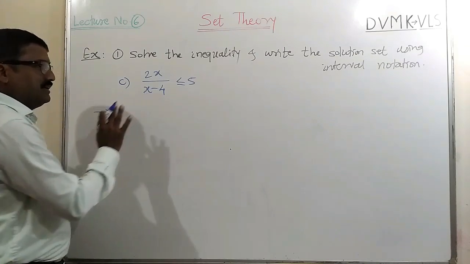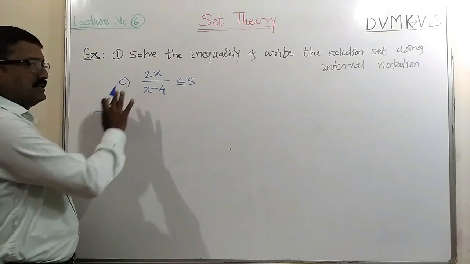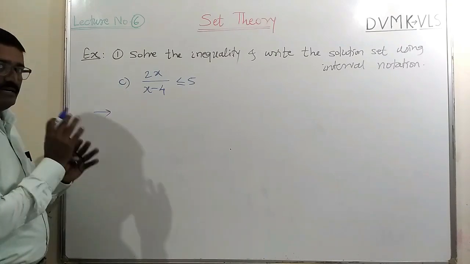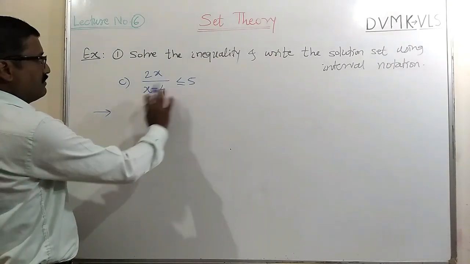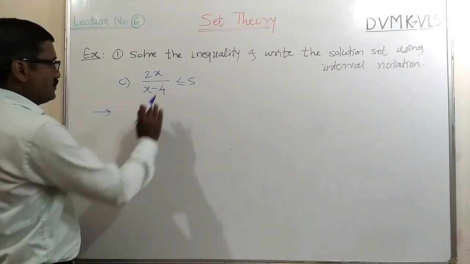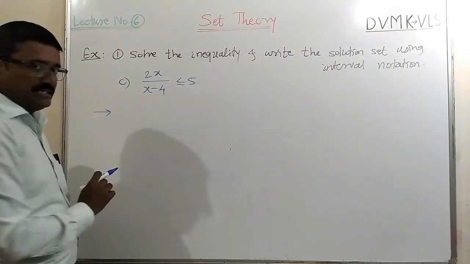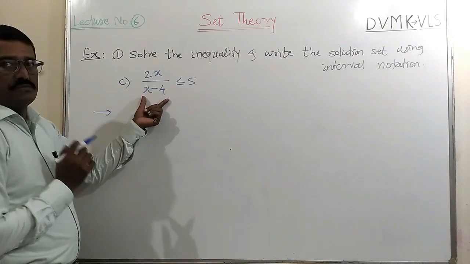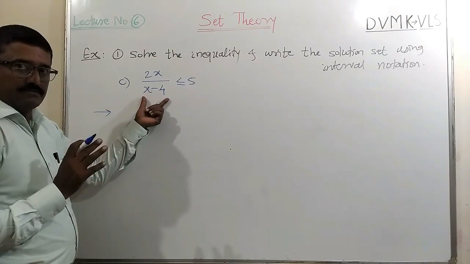So whenever x minus 4 is unknown, we can multiply or divide by x minus 4 on the same side, but not on both sides. So we can't take this x minus 4 to the right, because we don't know whether the value of x minus 4 is positive or negative. Is it clear?